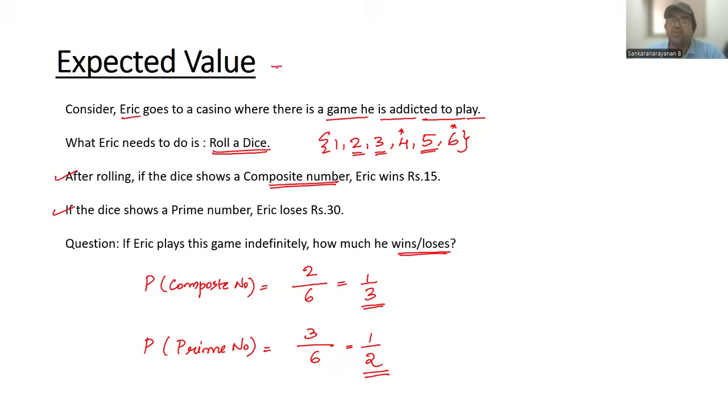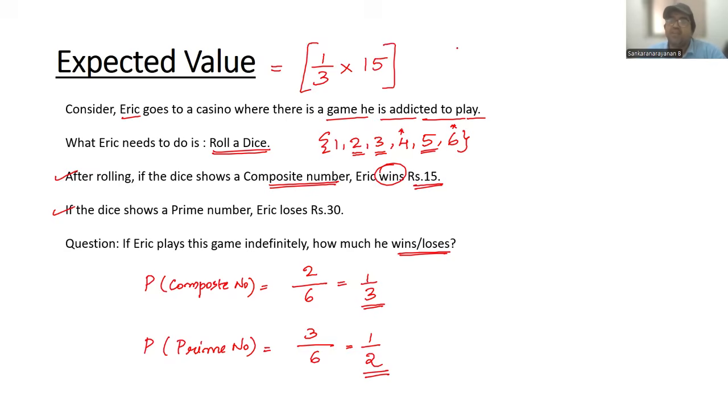The expected value: the probability that he rolls a composite number is 1 by 3. And what is the monetary value associated with this? You can see that if he is rolling a composite number, he wins rupees 50. So I will consider the monetary value associated with this as 50.